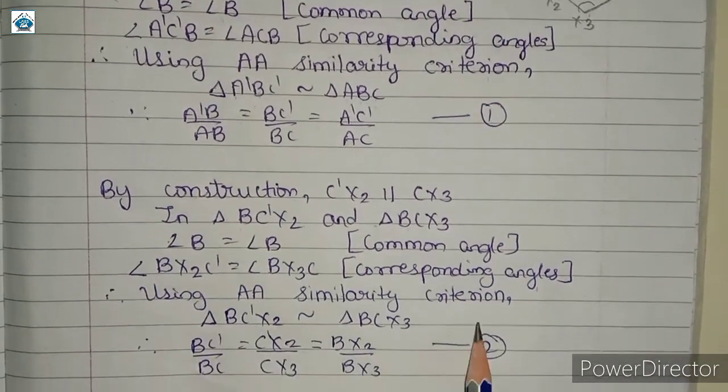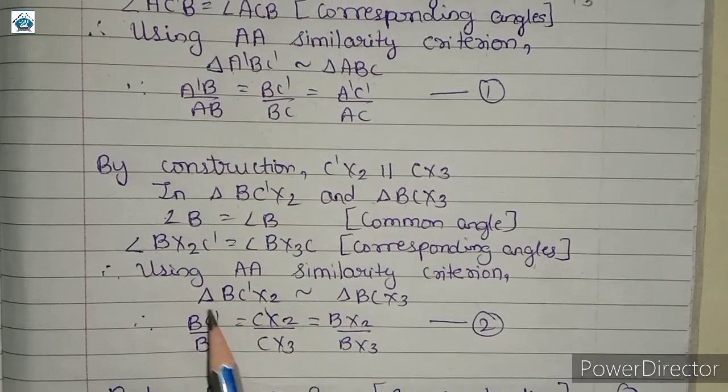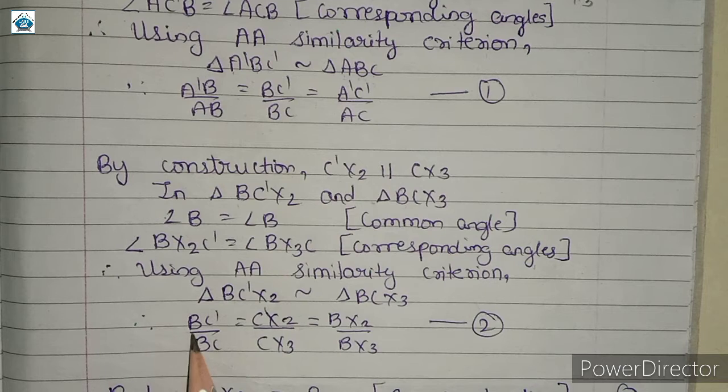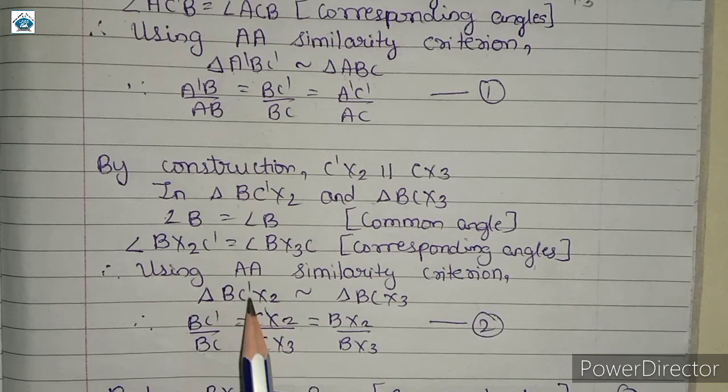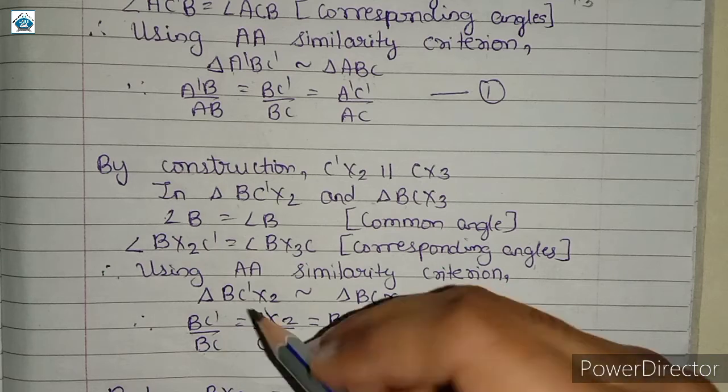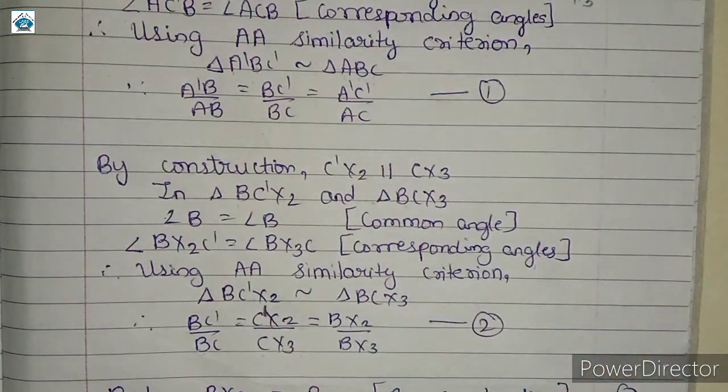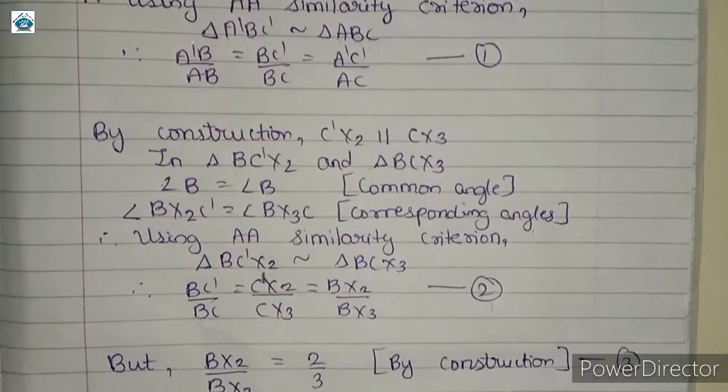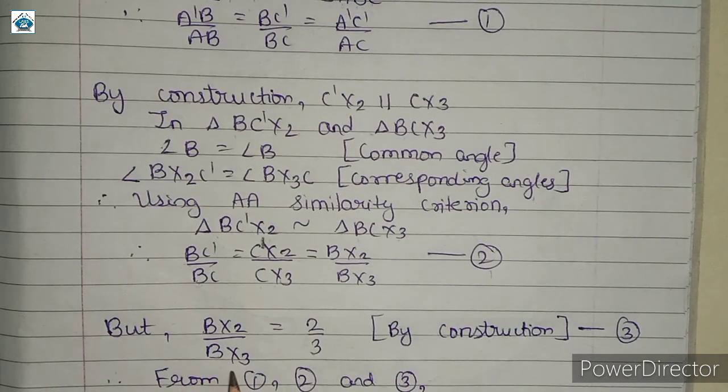Again, using angle similarity criterion, we can say these two triangles are similar to each other and therefore their corresponding parts are in proportion. So, BC dash upon BC is equal to C dash X2 upon CX3, which is equal to BX2 upon BX3. Let this be the second equation. But we already know that BX2 upon BX3 is equal to 2 by 3 by construction.